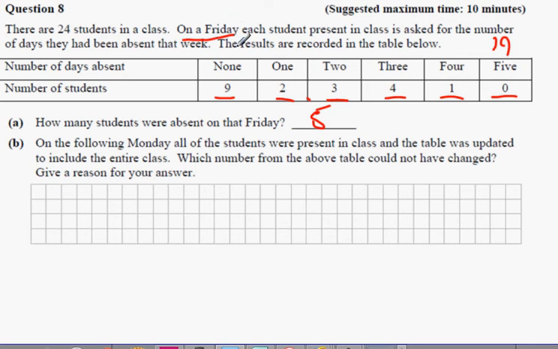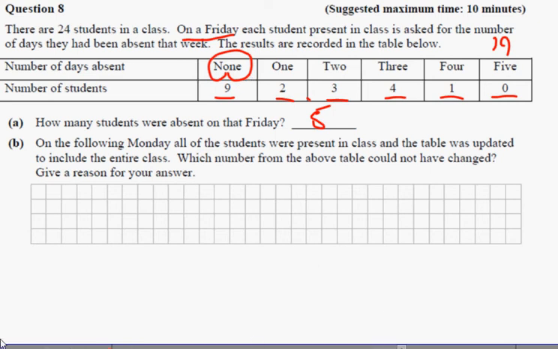Friday is when you attend school. Okay, we're assuming a traditional approach that you're not in school on Saturday or Sunday. And then the next day is Monday. And if everybody is in on Monday, that means none were absent, which means that this number here can't change.